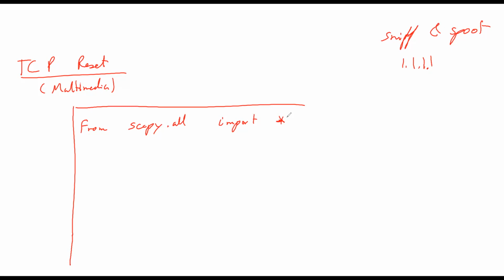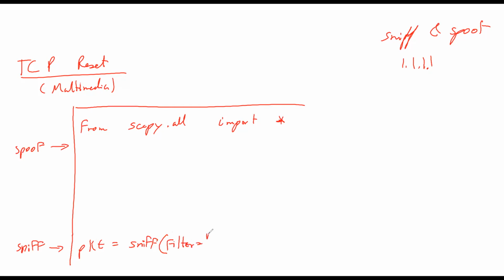Then we need to have the basic layout: sniff, and then spoof. So sniff is what? We grab the packet equal sniff, and then we do the filter expression.